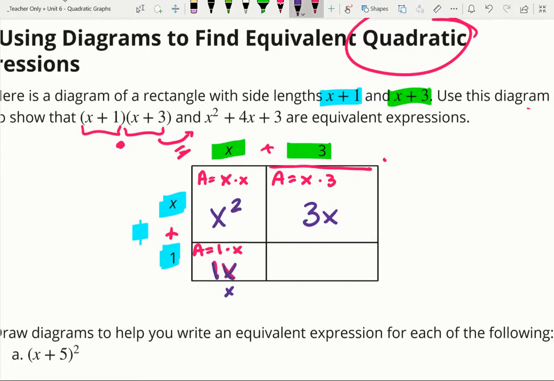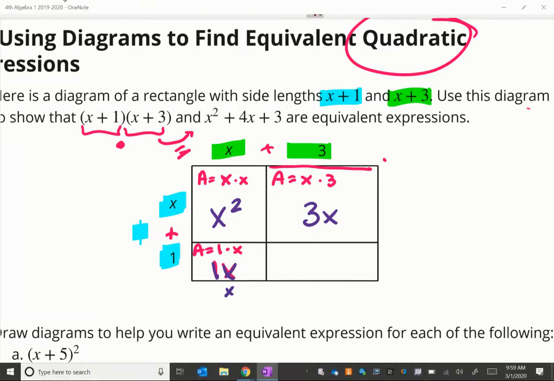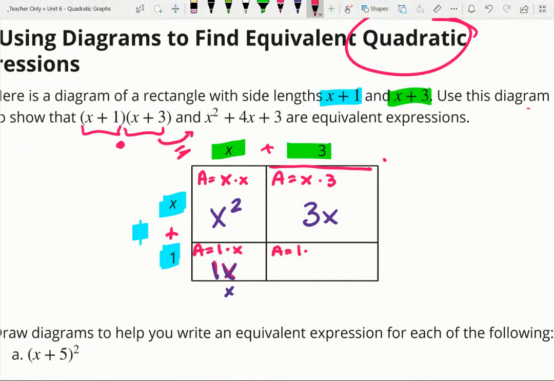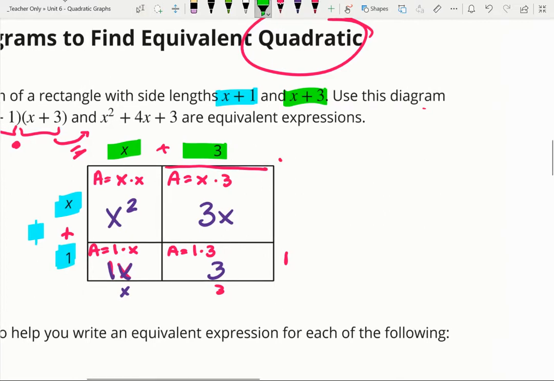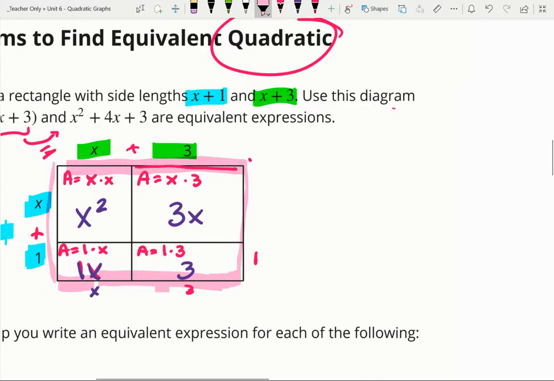And then last but not least, this next rectangle has an area of 1 times 3. Again, if it's 1 over here, it's 1 over here. If it's 3 up there, it's 3 down there. And so we get an area of 3. Now we have 4 small rectangles making up this big outer rectangle, right? So to find the area of the larger rectangle, we're going to add all of those smaller areas together.